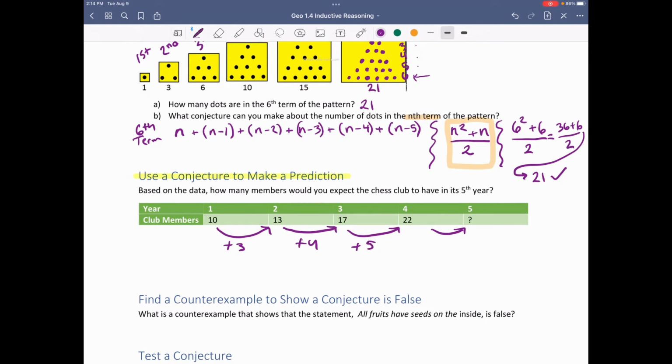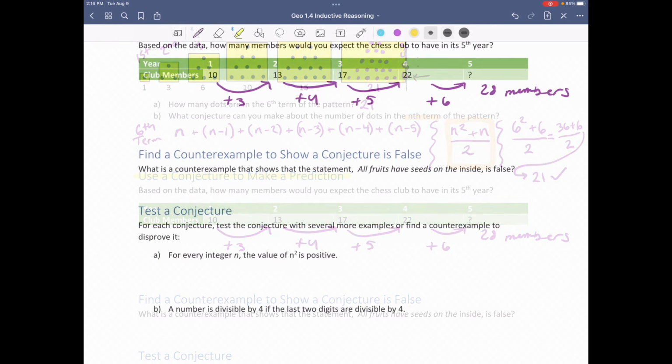So on our 5th year, we could say that we will add 6, because that is 5 plus 1. So 22 members plus 6 will be 28. So on their 5th year of the chess club, they will have 28 members.